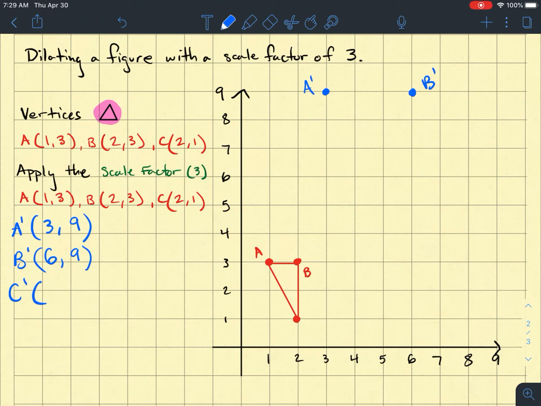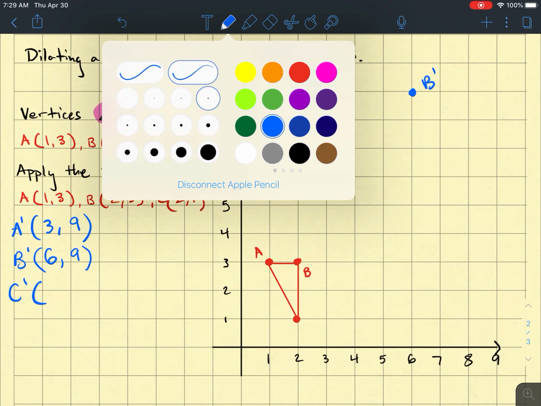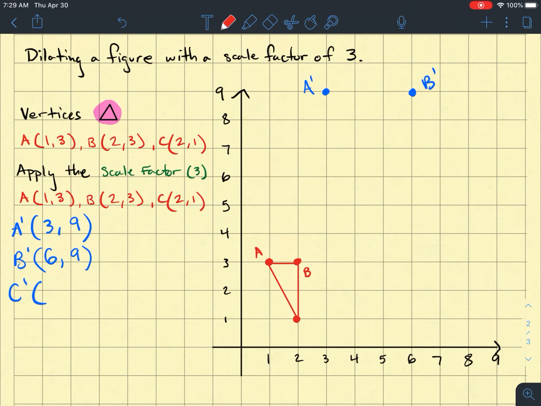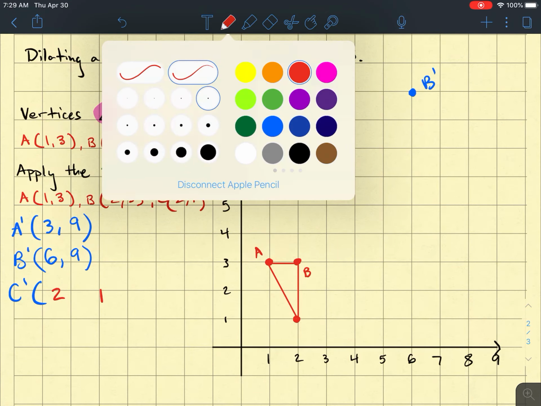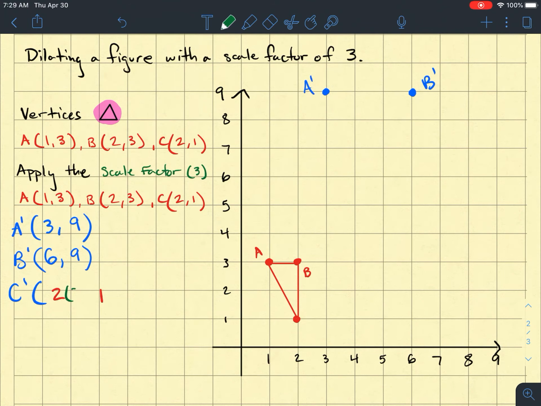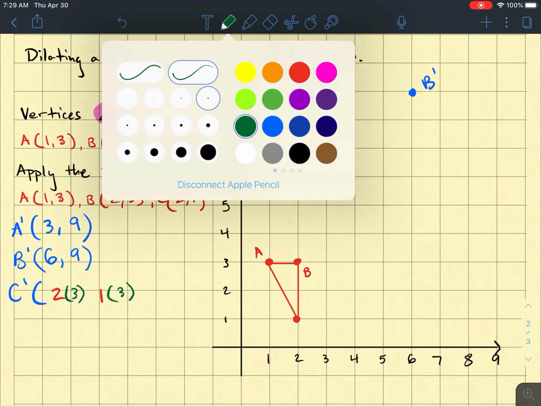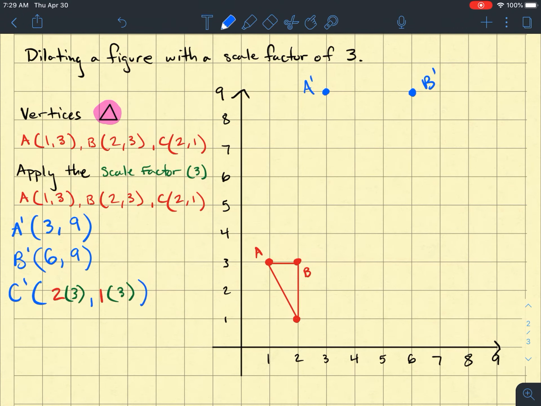And lastly, C. C prime. C was originally located at 2 and 1, but we have to multiply each of those coordinates by the scale factor, which is 3. When we do that, we see that C is located at 6 and 3.